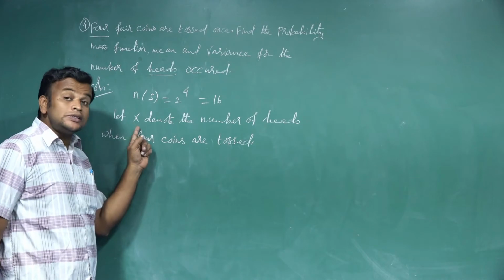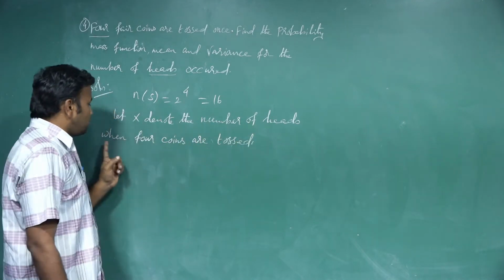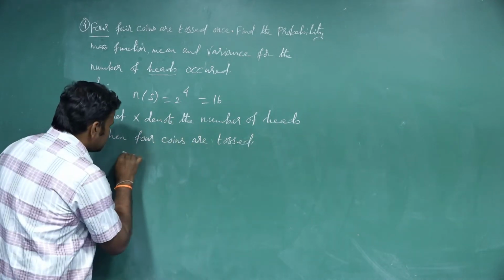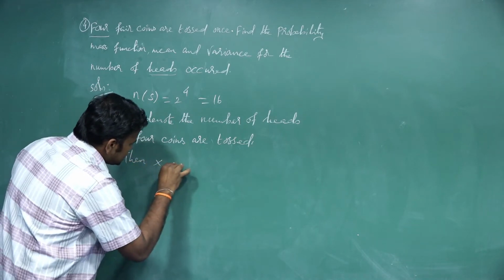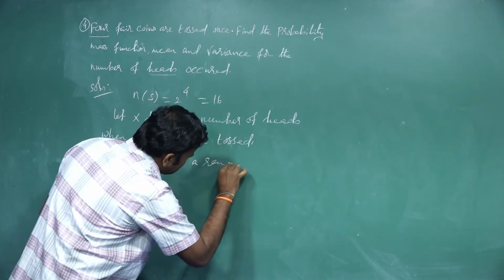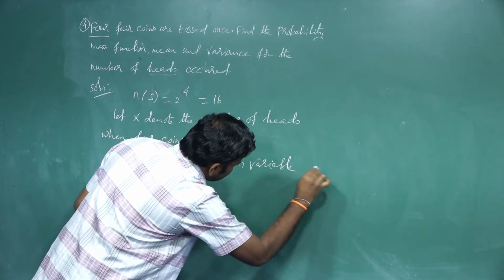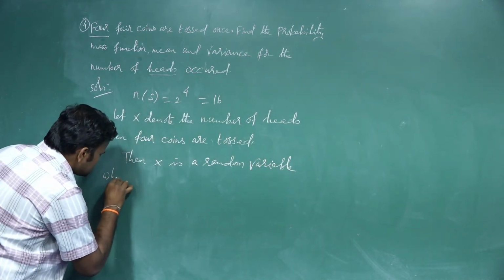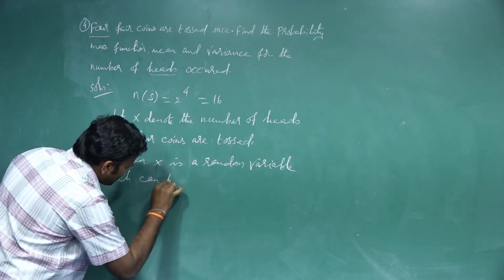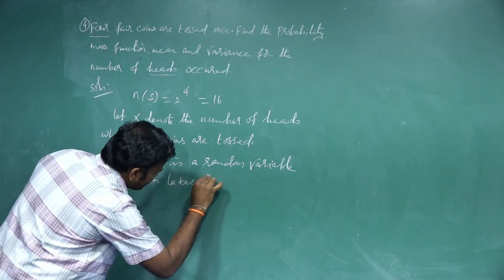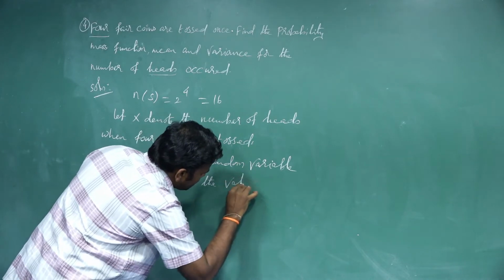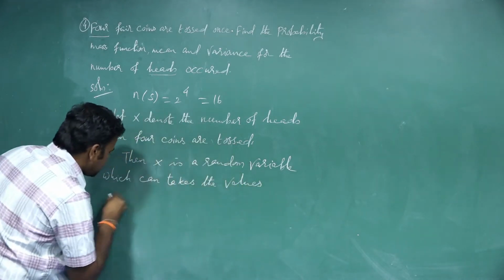We identify X is the number of heads when 4 coins are tossed. Then this X is a random variable which can take the values. The values of the random variable are very important.